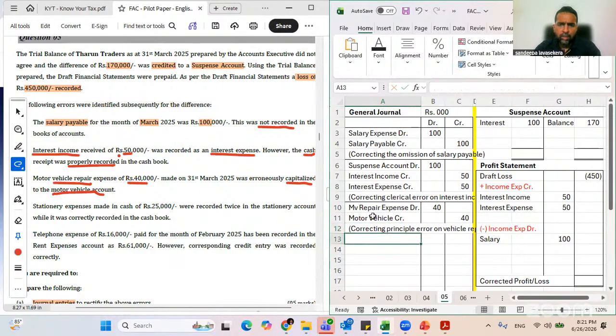Right. Motor vehicle is an asset that does not impact the profit, but the repair expense does. Repair expense debit means reduction. Repair expense. What?